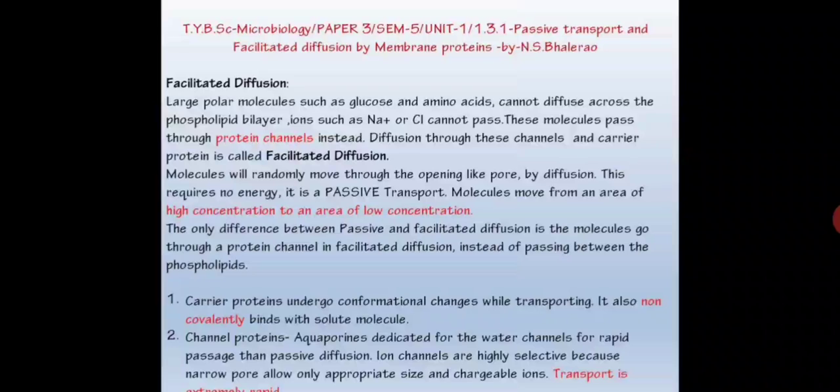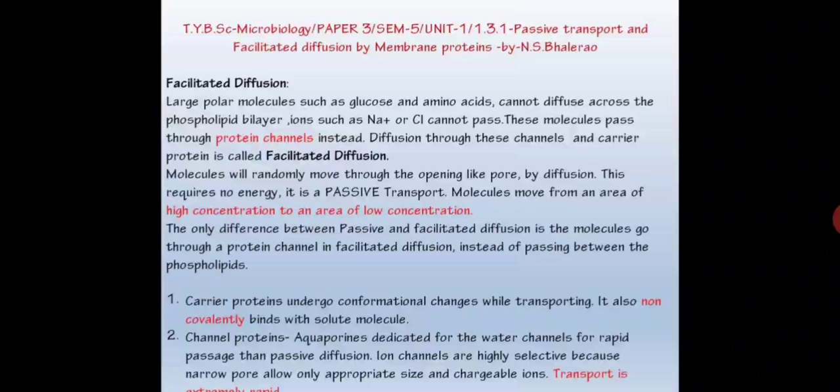Because this is a diffusion, it means it passes through the plasma membrane from higher concentration to lower concentration. It doesn't require energy, but it certainly requires a protein which is integrated or embedded into the phospholipid membrane.